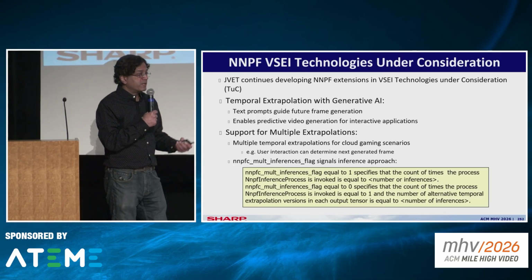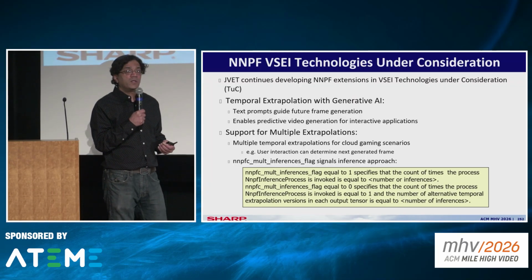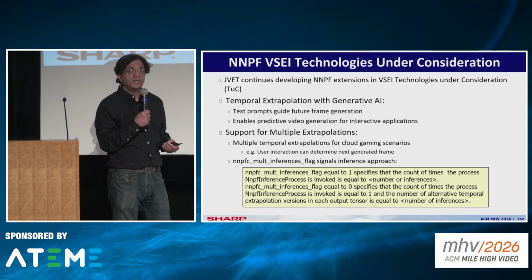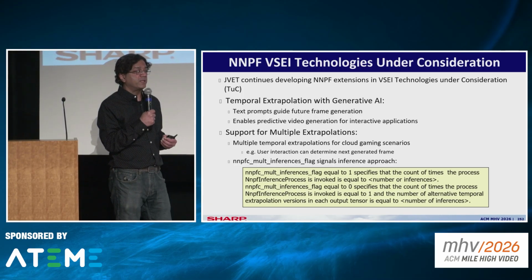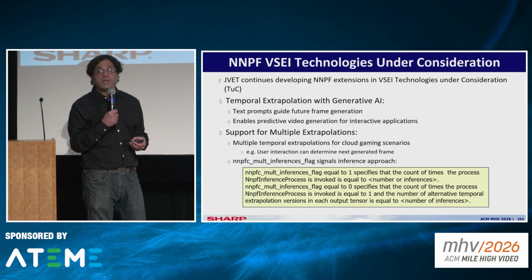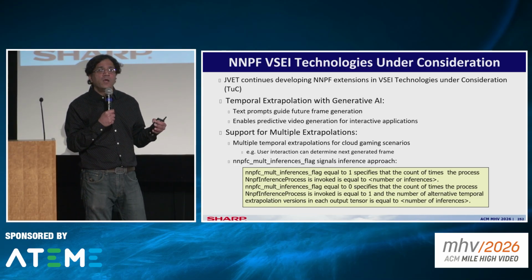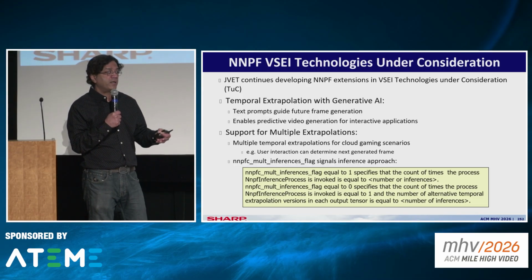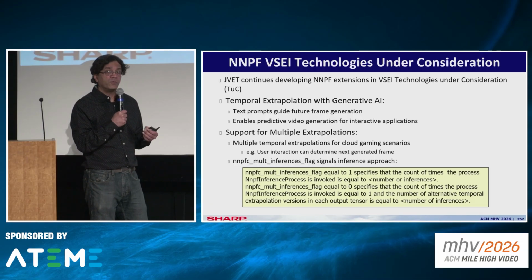One last thing I want to describe is the work continues in the VSEI for adding additional functionalities to this neural network post filter. And there are two main things that are currently accepted in technologies under consideration, which presumably at some point would end up in a version 5 of the VSEI. And one is temporal extrapolation with generative AI. So the one I showed so far, which is standardized in version 4, is only for spatial extrapolation. And now we are adding support in this technologies under consideration in JVET and MPEG-SC for the temporal extrapolation, again with the text prompt signaling.